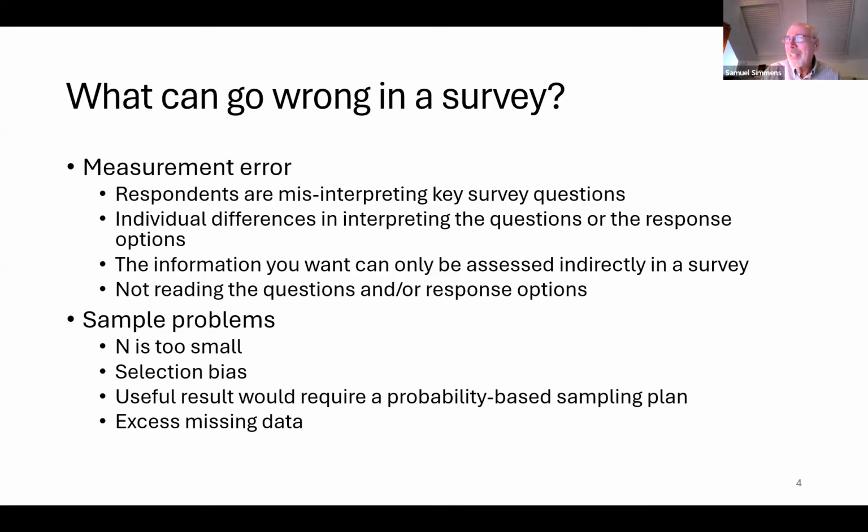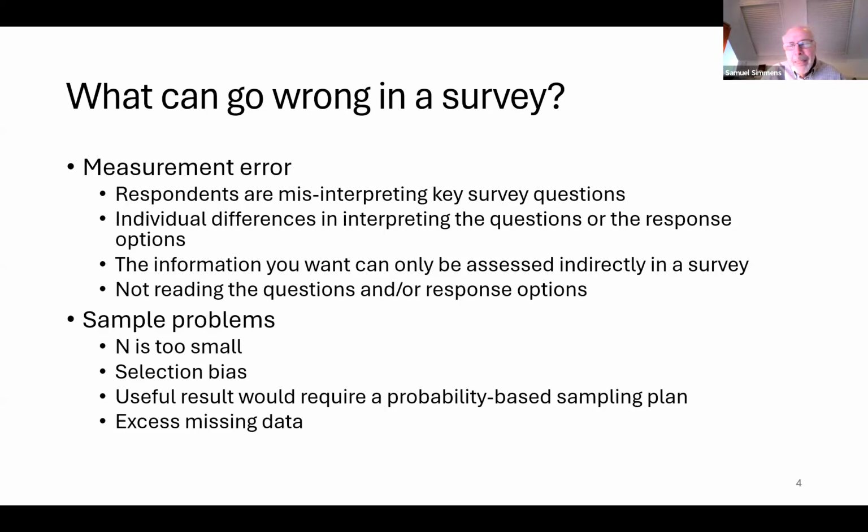Another issue is individual differences in interpreting the questions or response options. This would be the case where someone is interpreting the question in a reasonable way, but the question is a little bit vague. Often what I'm referring to here is where the response options can be interpreted differently by different people.